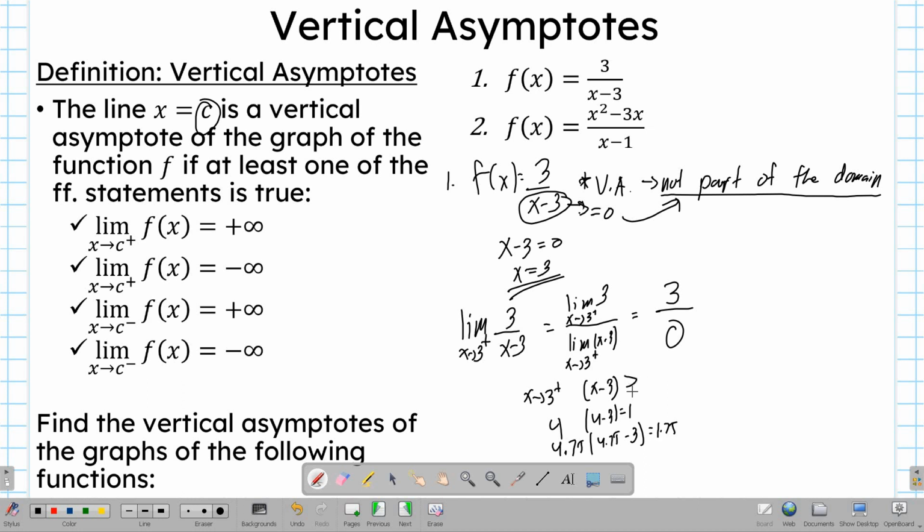That's why this becomes greater than 0. So x - 3 becomes greater than 0 here. And since the numerator is also positive, positive divided by positive, this gives us a positive infinity. Therefore, the limit of 3 over (x - 3) as x approaches 3 from the right is positive infinity. And this is enough to therefore conclude that x = 3 is a vertical asymptote of the graph of f.